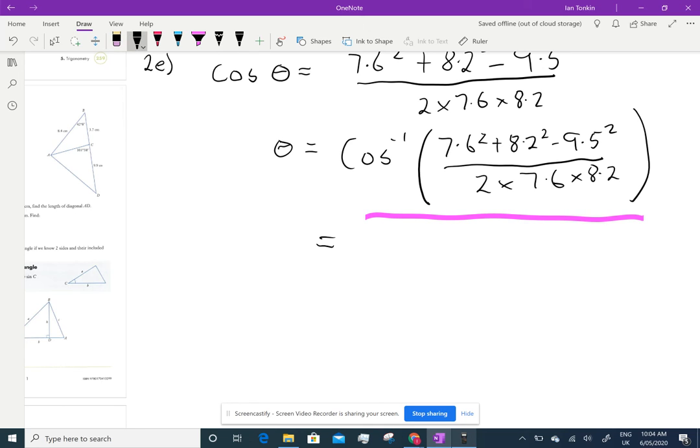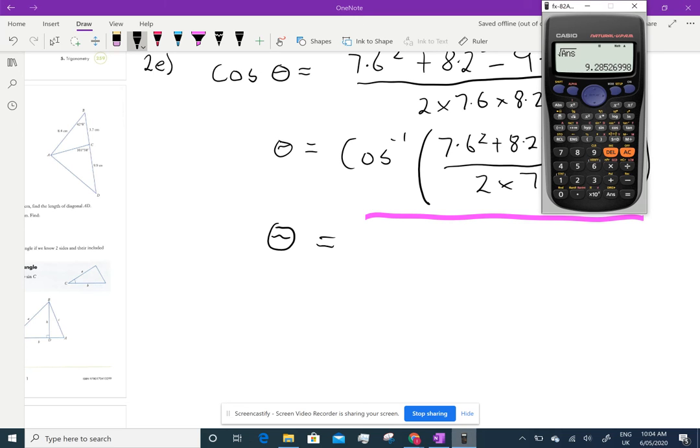That's a terrible theta. So, shift cos, let's put a big fraction in there, 7.8 squared plus 8.2 squared minus 9.5 squared, let's go below, over 2 times 7.6, whoops, too many points, 6 times 8.2, close the bracket, whoops, too many of those, 72 and something.